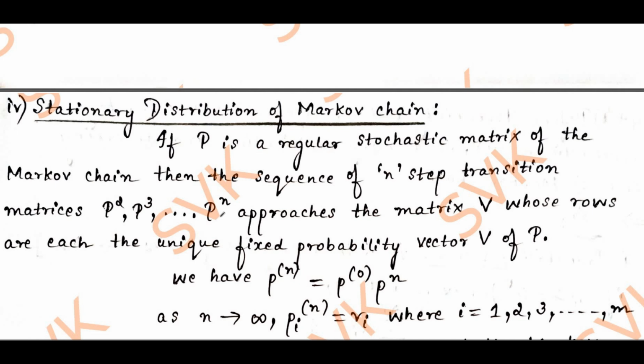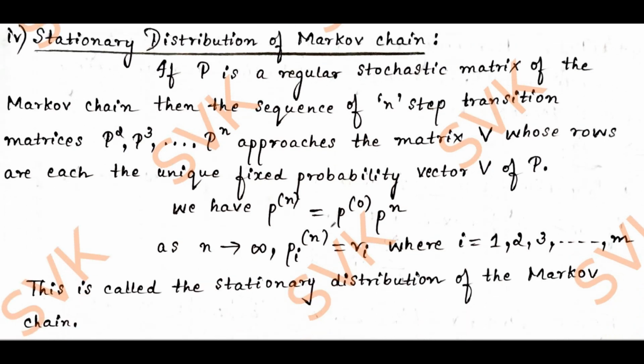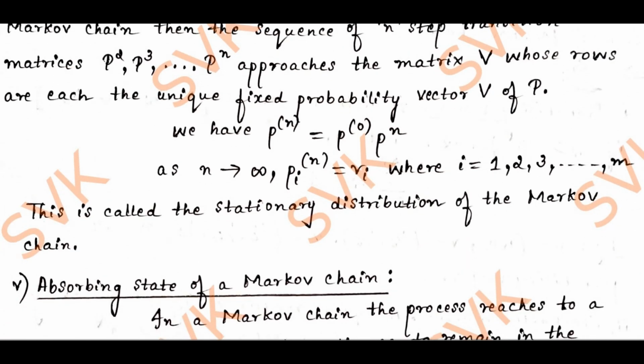So we have P power n equal to P upon 0 into P power n. As n tends to infinity, the value will equal vi, that is the unique fixed probability vector, where i is equal to 1, 2, 3 up to n. So this is called the stationary distribution of the Markov chain.